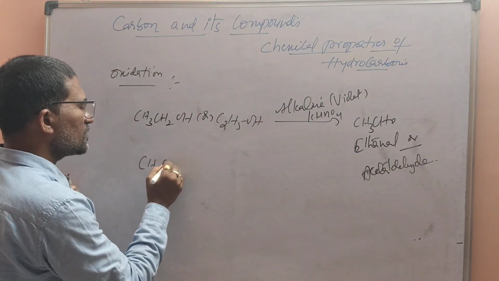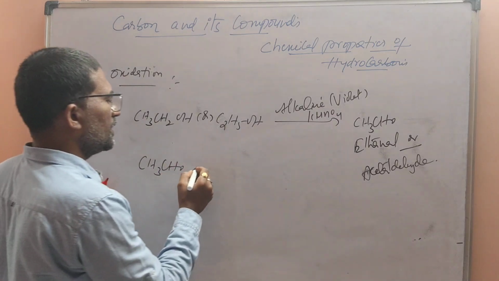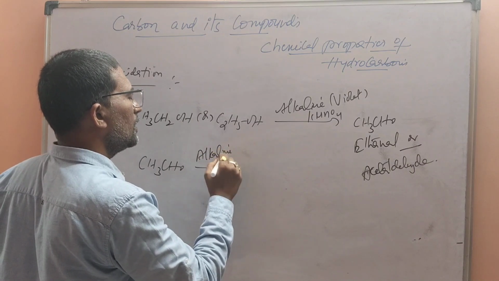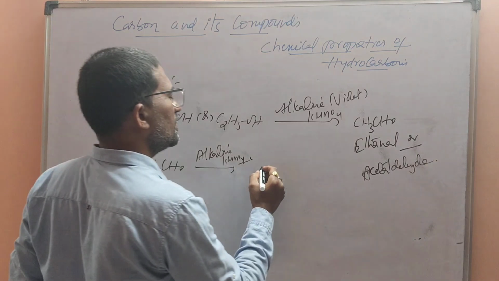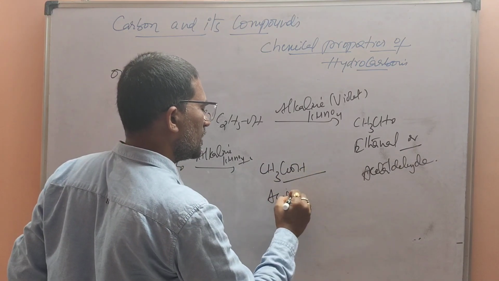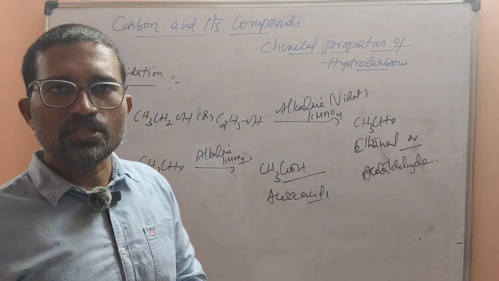Next, this CH3CHO, which is called ethanal or acetaldehyde, is going to convert in the presence of alkaline KMnO4 into CH3COOH, which is the final product, acetic acid, obtained after complete oxidation.